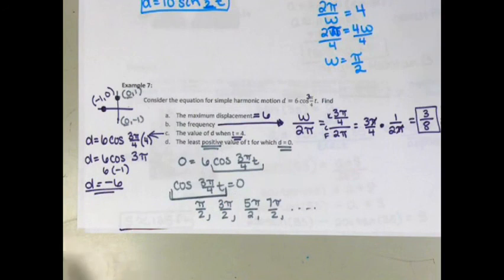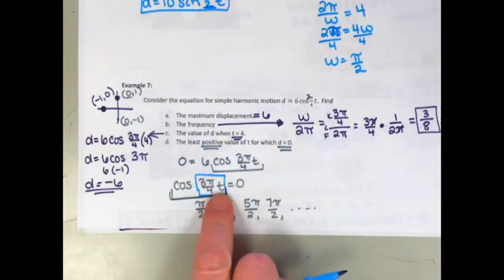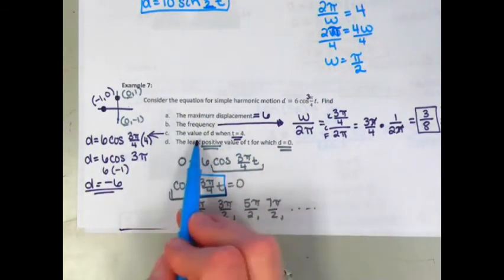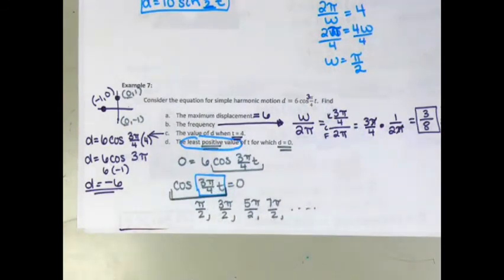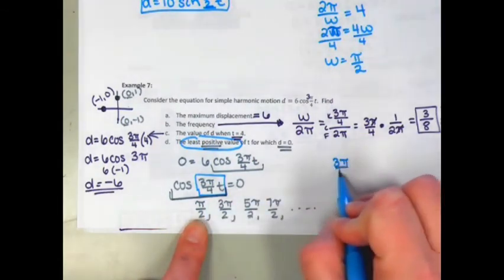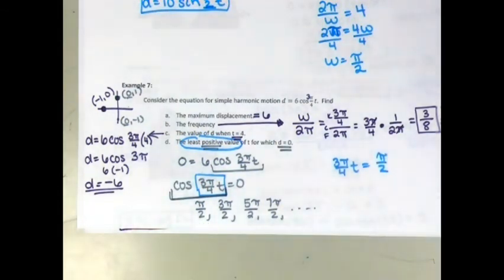However, we're taking this 3 pi over 4 times T, and it's supposed to be pi over 2, right? So let's think about this for a second before I actually solve this. Which of these is probably the least positive pi value? Pi over 2, because it's the smallest, right? So let's set it up and we're going to check. We need 3 pi over 4 times T to equal pi over 2. Can you solve for t?